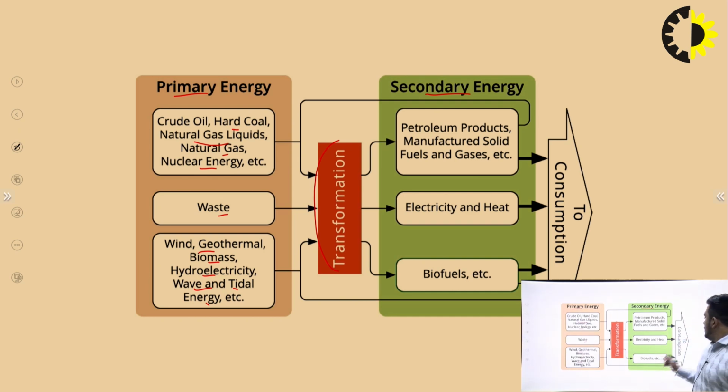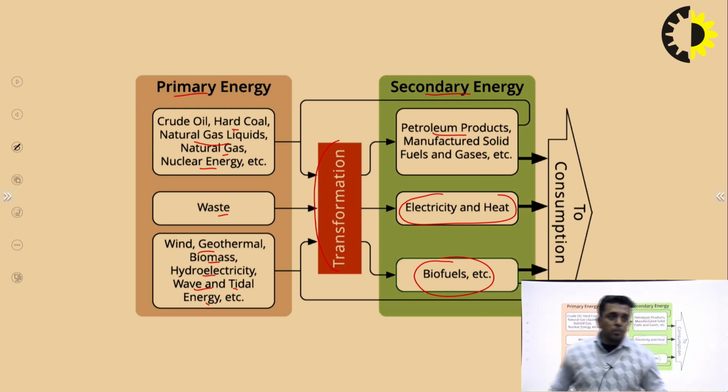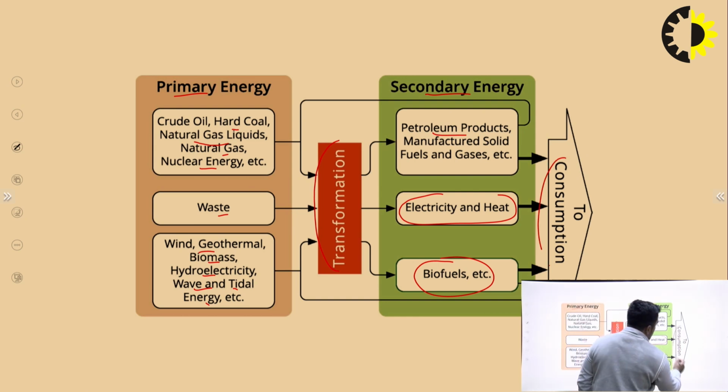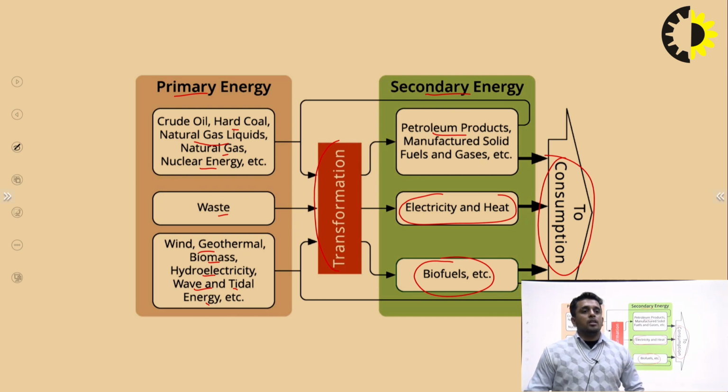The secondary energy is given in the form of electricity and heat, petroleum products, biofuels, etc. So primary can be used directly, and after the conversion the secondary energy is sent for consumption. The electricity which we are getting in the house is a secondary form of energy because it is converted from primary.